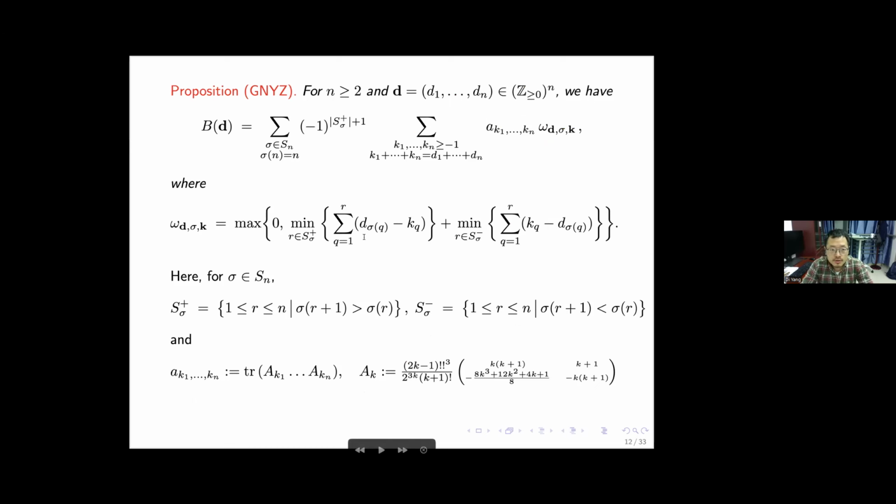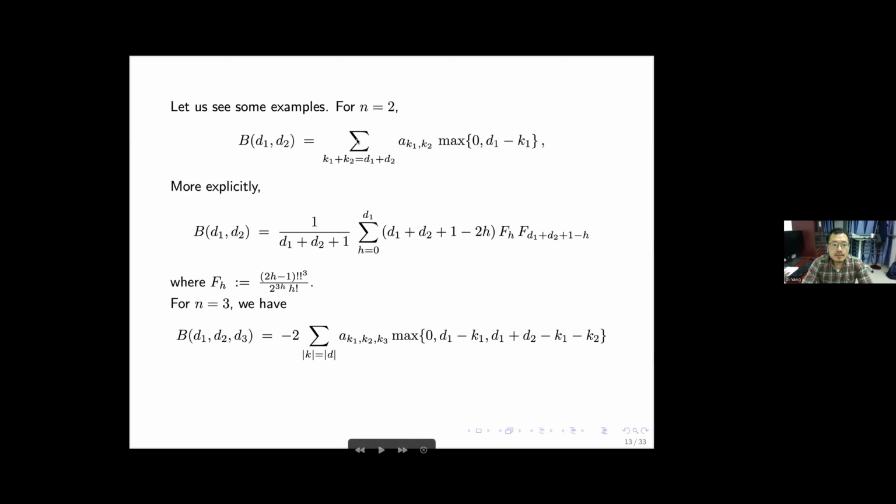By computing the residues, we obtain an explicit formula for the numbers. Here little a_{k1...kn} are traces of these 2x2 matrices, and omega are some numbers. It's still a summation over the symmetric group, and for each permutation we associate some combinatorially defined number. So it's just an explicit formula.